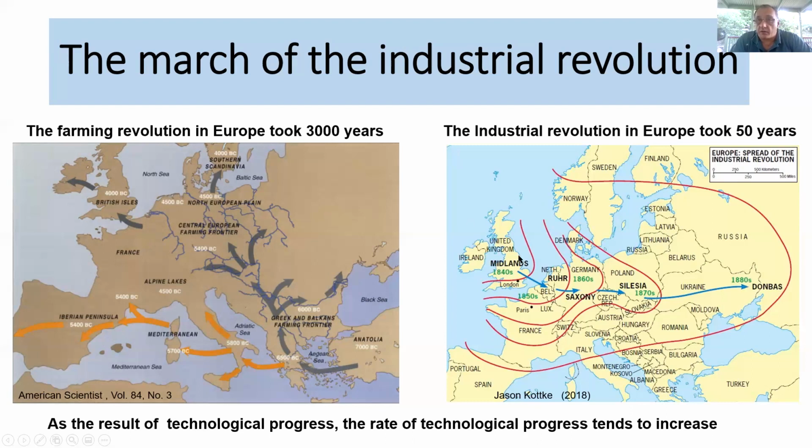Industrial revolution started in Britain and propagated into Central Europe and then into Eastern Europe, and the whole process took only 50 years. You can see dramatic acceleration of evolutionary processes, and it indicates increased efficiency in exchange of information, of technological information, and overall increase of speed of development of new technologies.